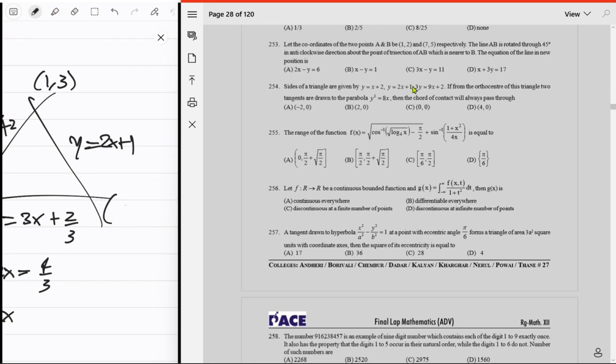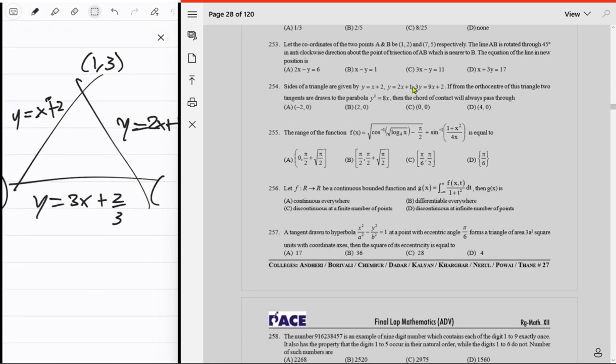And then, I really should have learned the formula or something to get this thing, but how do I get the option directly? Is there no way to find the option directly? If you draw two tangents to a parabola, the chord of contact will always pass through... there's no variable here, though, about which we could say always. Wait, what if its x coordinate comes out as -2 or something?